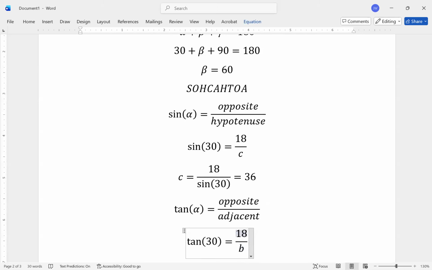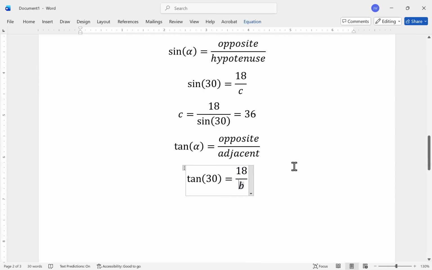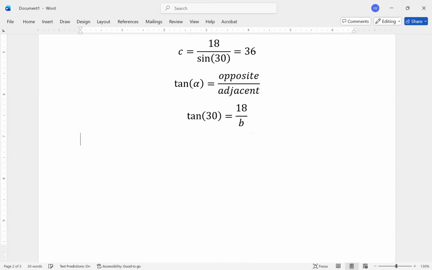And so if I put 18 in there, it's easy to see that B is going to be equal to 18 divided by the tangent of 30.